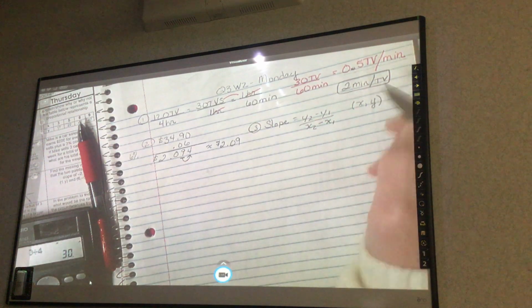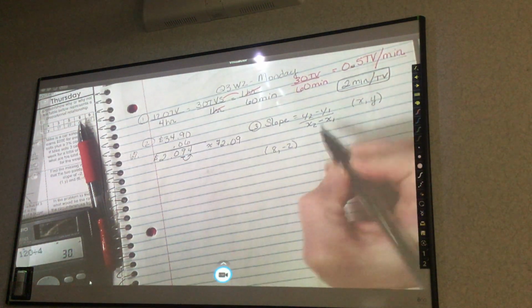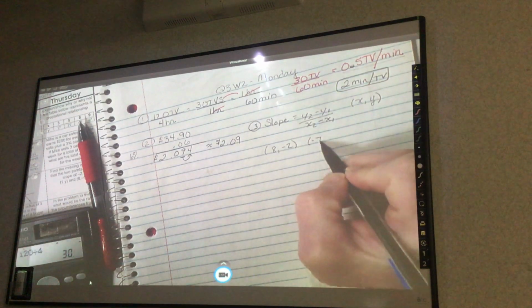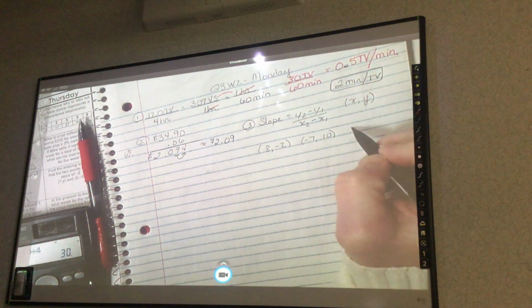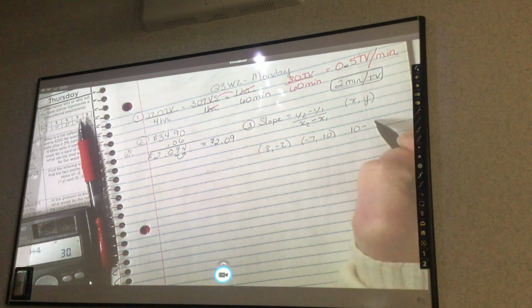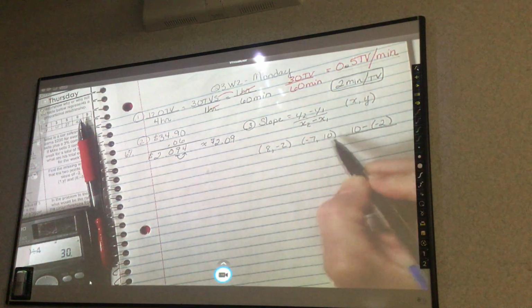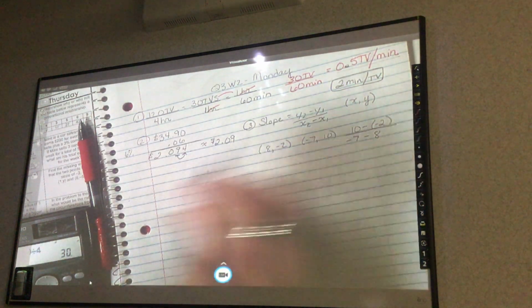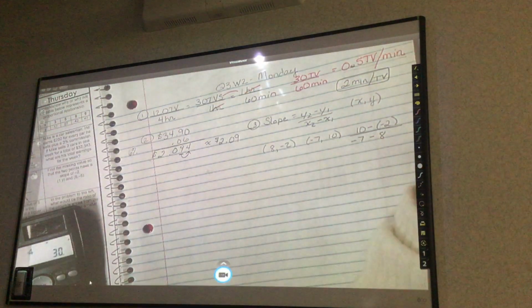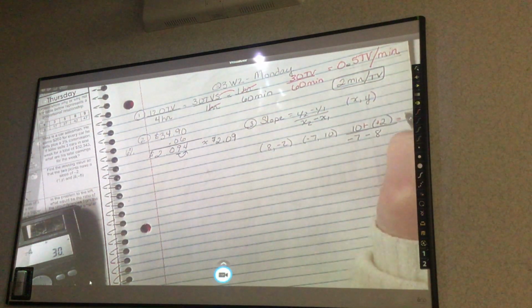My points are (8, -2) and (-7, 10). So I do y2 is 10, minus y1 is -2, over x2 is -7, minus x1 is 8. Rule of integers, keep, change, change, so that becomes 12.